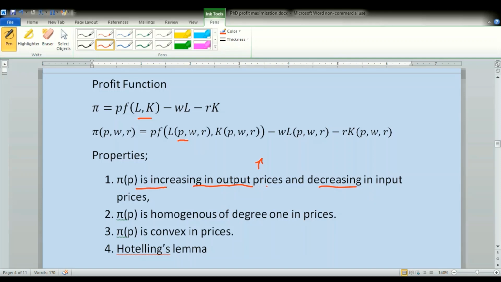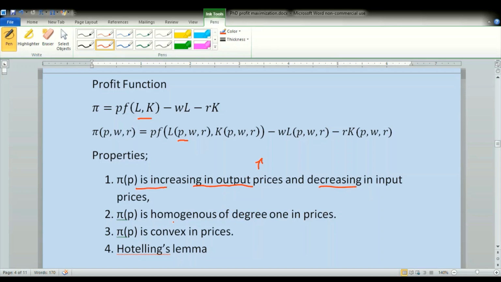Similarly, if input prices are increasing, and if we do not change the output, then cost will be increasing with revenue being the same. But this property actually is saying more than that. It is saying that maximum earnable profit will be increasing in output prices, and it will be decreasing in input prices. We have to prove this property. We'll do this when we move on.